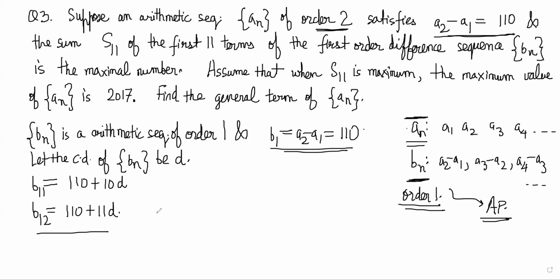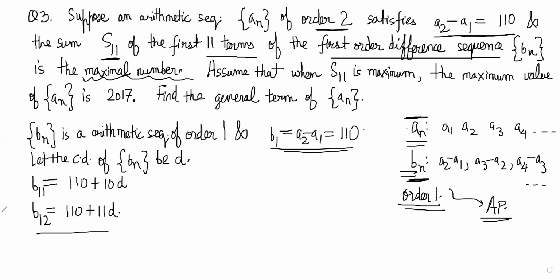Now think about it. Bn is an arithmetic sequence, and the question is saying that the sum S11 of the first 11 terms of the Bn sequence is the maximal number. It is the maximum number, the sum to 11 terms. If it is a regular arithmetic sequence which is increasing in nature, B12 should be bigger than B11, right?